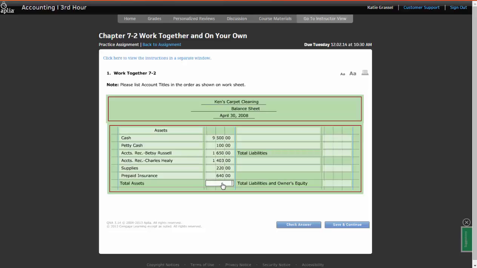And again, I'm doing one side at a time. I want to get my asset total before I do the right-hand side. Does anyone have a total for me?